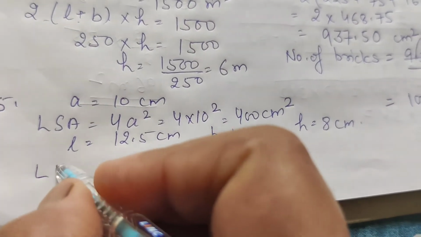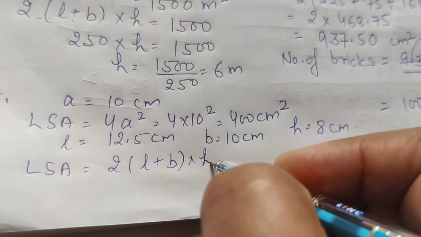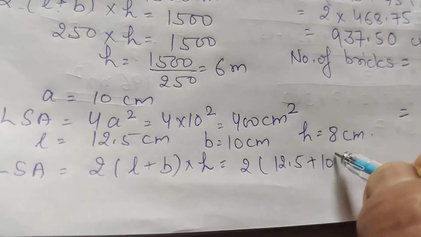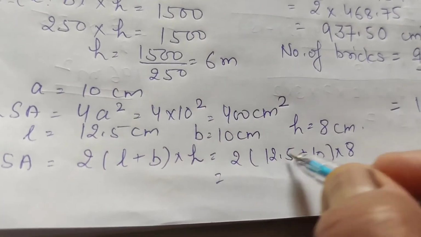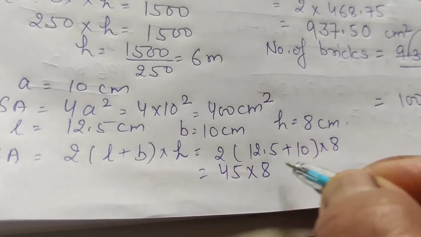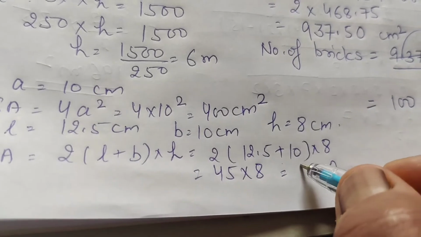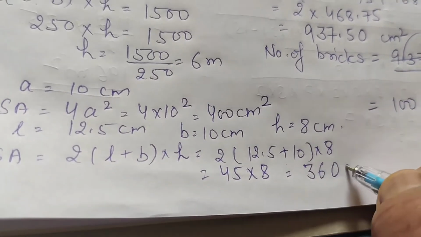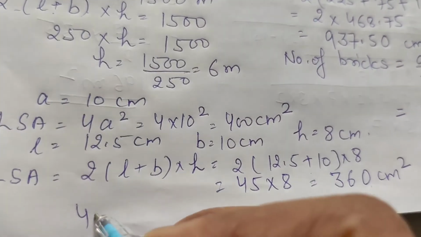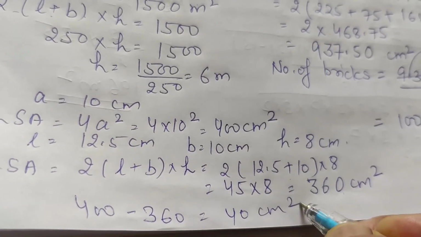The lateral surface area of the cuboid formula is 2 times (L plus B) into H. It means 2 times (12.5 plus 10) into 8. This is 22.5, 22.5 times 2 is 45, into 8, 360 centimeter square. By how much? 400 minus 360, 40. 40 centimeter square is more than the other.